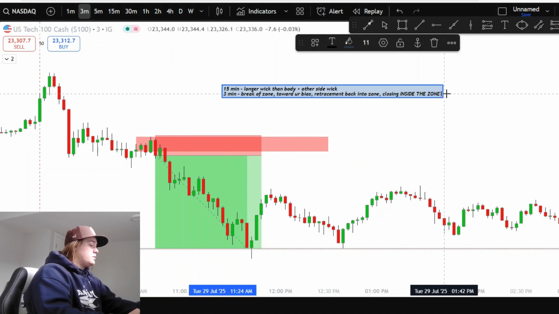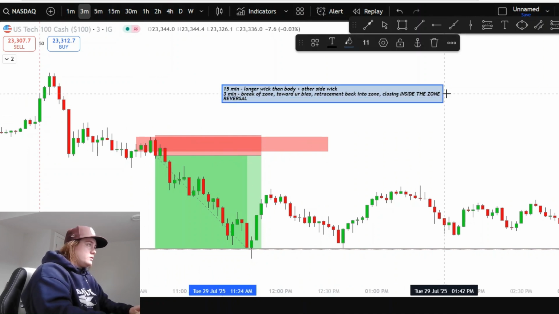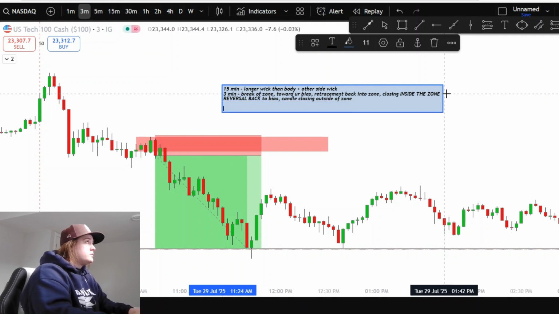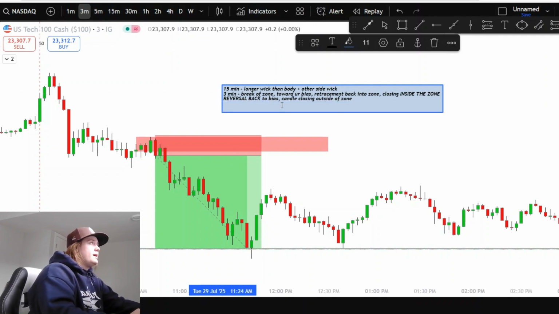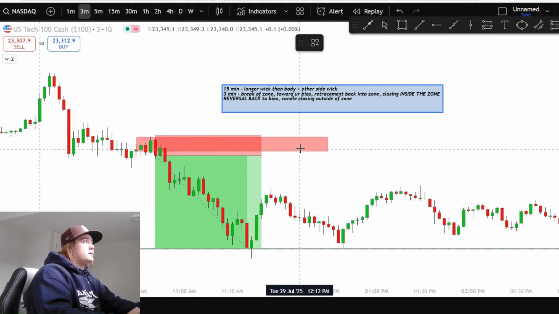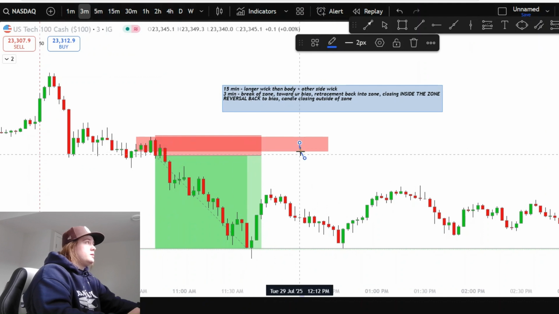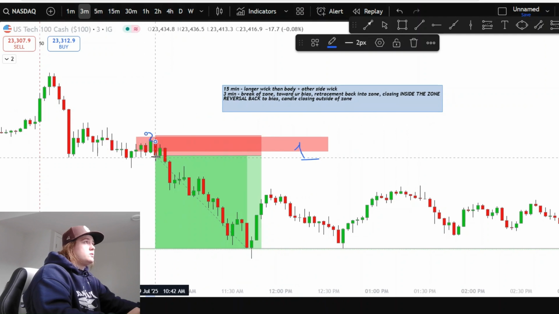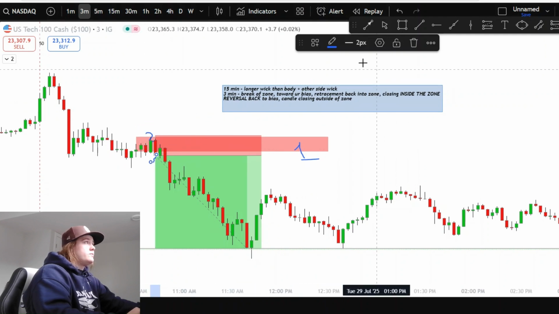And then the last thing you want is reversal back to bias and a candle closing outside of zone. Now you have these three things. Number one is your zone, just pretend. Number two is this green candle. Number three is this red candle.